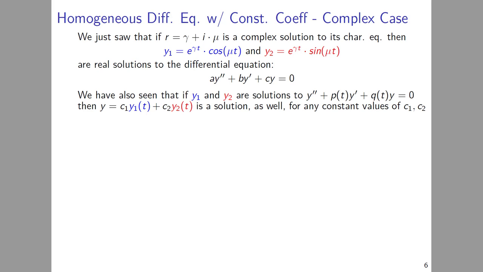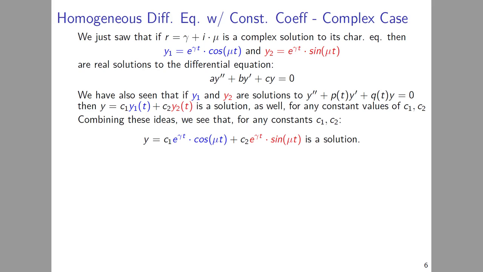So combining these ideas, we can see that for any constants c1 and c2, y equals c1 e to the gamma t times cosine mu t plus c2 times e to the gamma t times sine mu t is a solution.